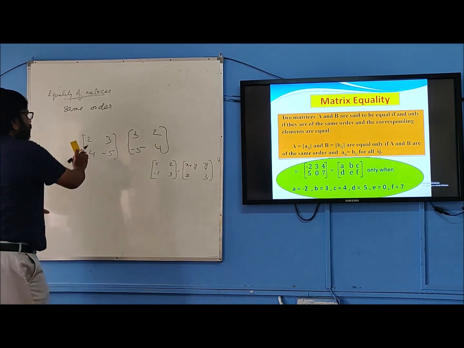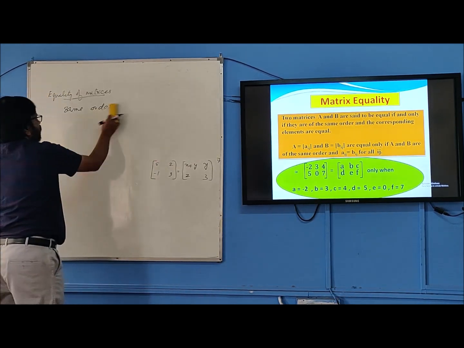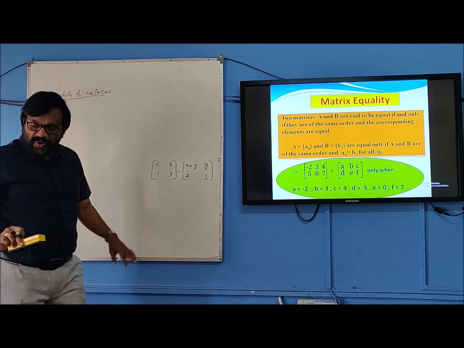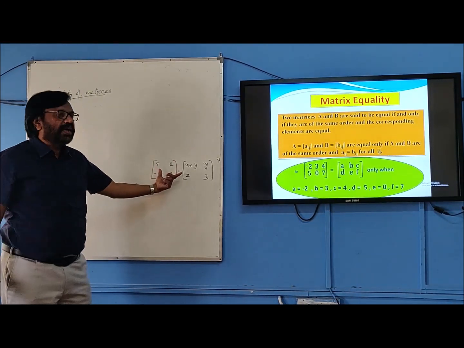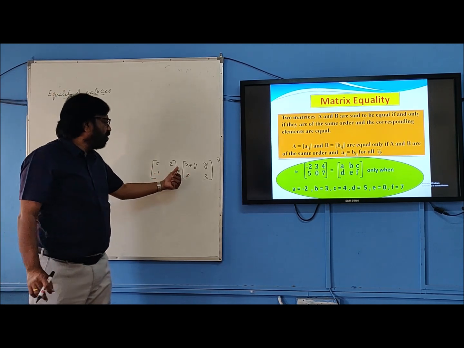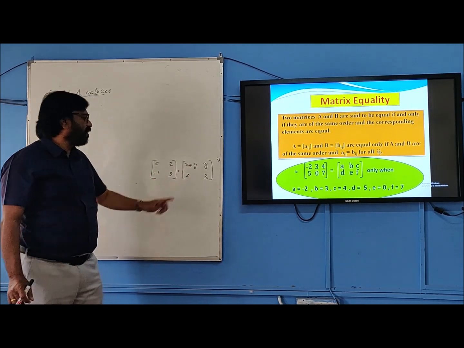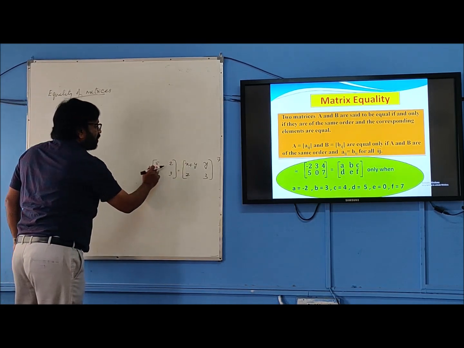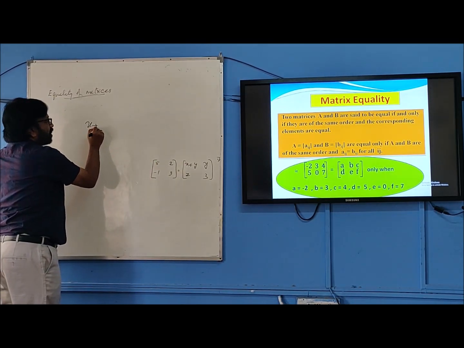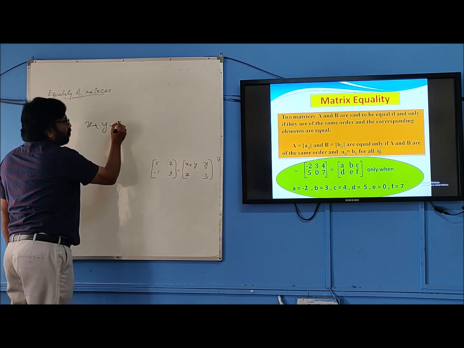So two matrices are equal only when they are of the same order as well as their corresponding elements are equal. Such questions can be asked for 2 marks: find the values of x, y and z when these two matrices are equal. From the first equation, since corresponding elements are equal, x plus y should be equal to 5.